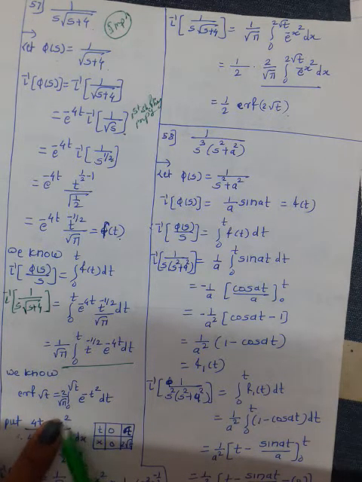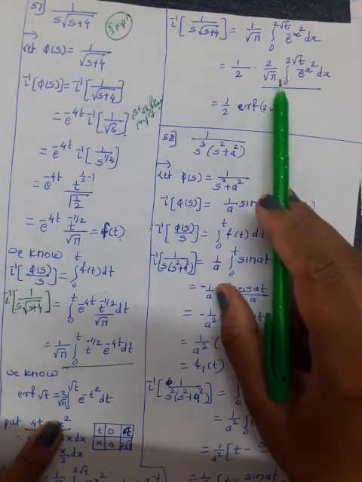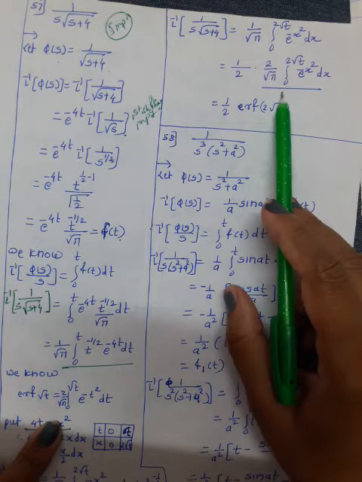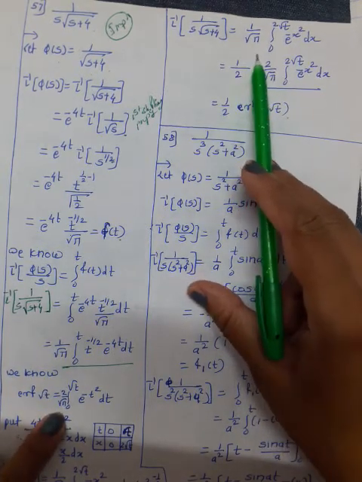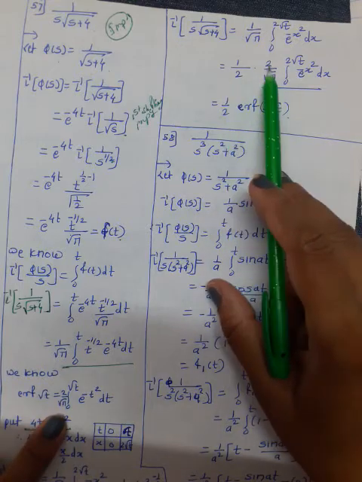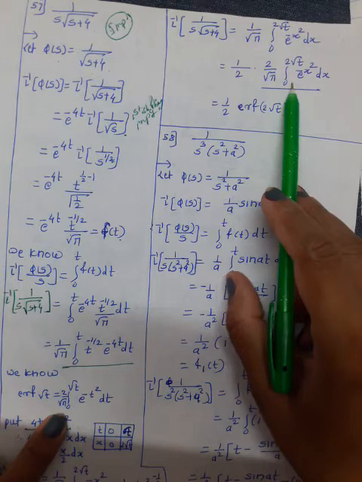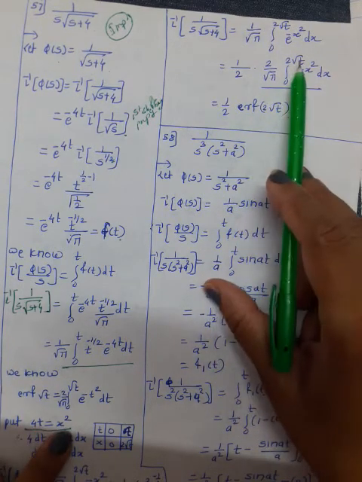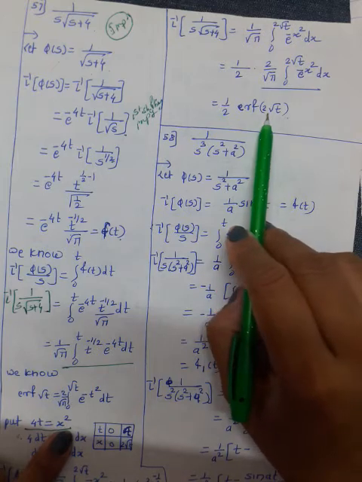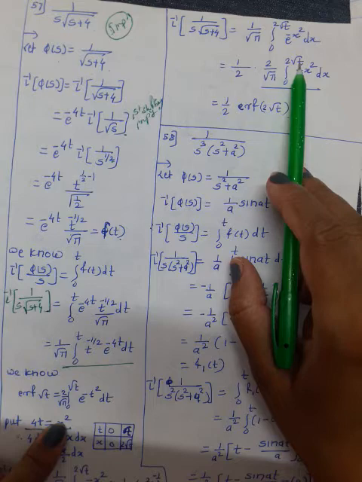That's why for this integration we have 2 upon root pi already there. For this, multiply and divide by 2 here. This is one adjustment, and the rest as it is, and this is the error function of 2 root t. The rest of the terms as it is, only the upper limit becomes 2 root t here.